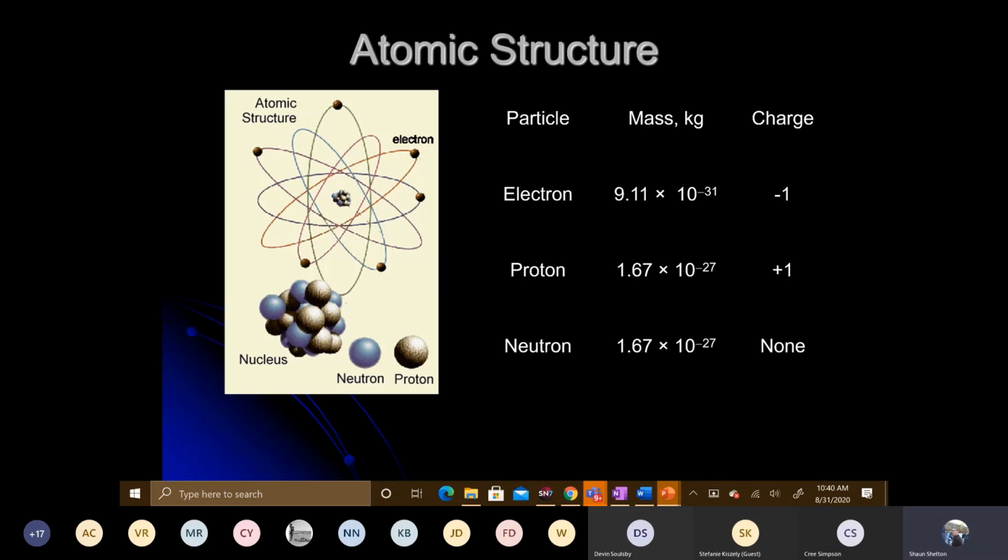And now the other detail is that we want to know the placement of the protons and neutrons. The proton and neutron are found in the nucleus, and the electrons are found on the outside. But what I want you to pay attention to is that the proton's mass and the neutron's mass are the same.